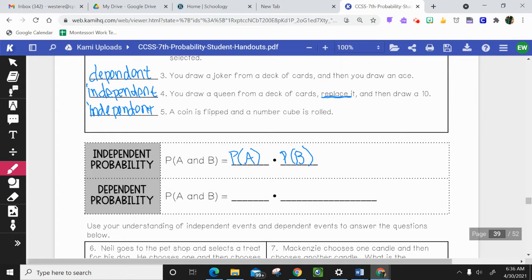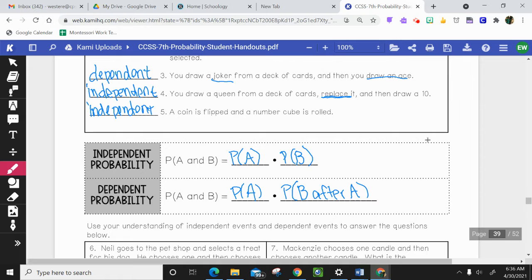When we're talking about dependent probability, we start with the probability of that first event. Let's look at the deck of cards: a joker from a deck of cards, then draw an ace. Drawing an ace is going to look a little different because we're going to have fewer cards. So instead of 52, we have 51 now. So the probability that we multiply is not just B, but B after A occurs.